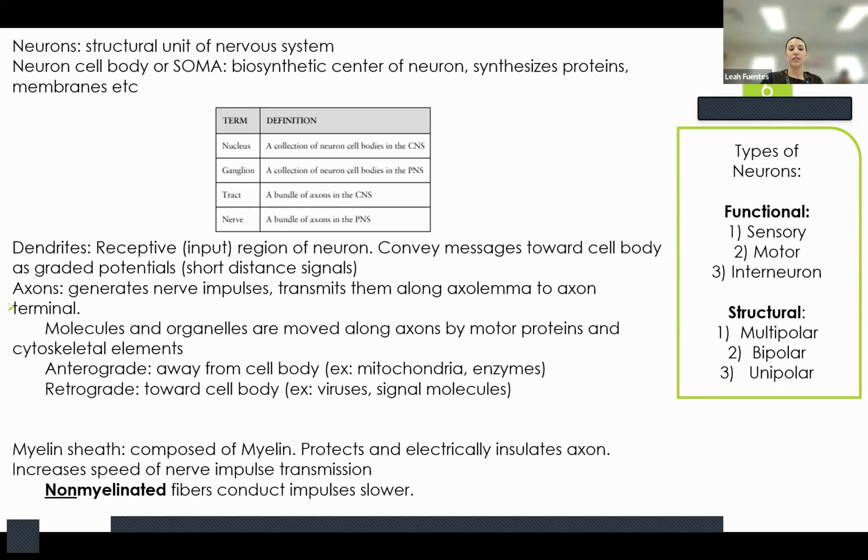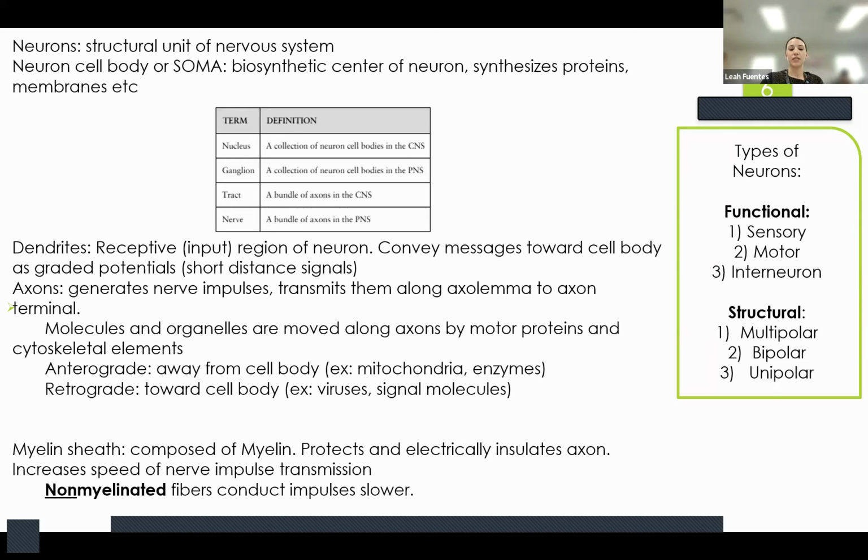After the resting state, the depolarization is at approximately 30 millivolts, and it's caused by that influx. Depolarization ends when the channels inactivate, and then repolarization and hyperpolarization are caused by an efflux. So we're going back here.